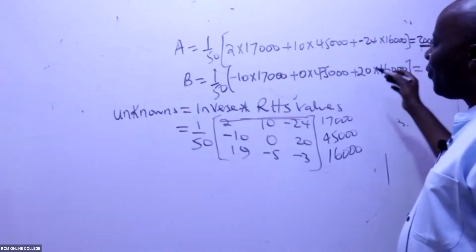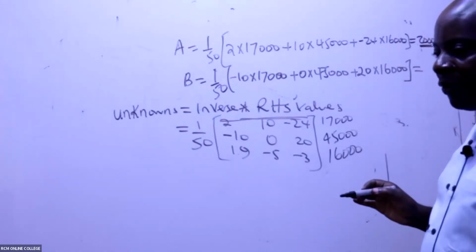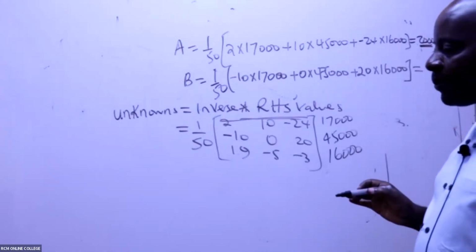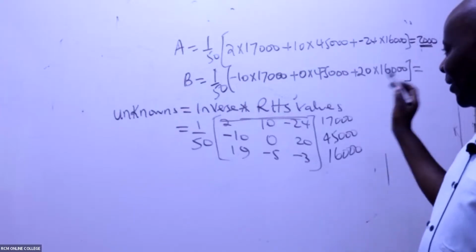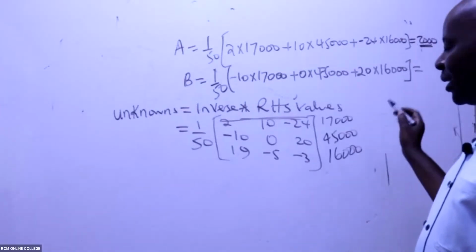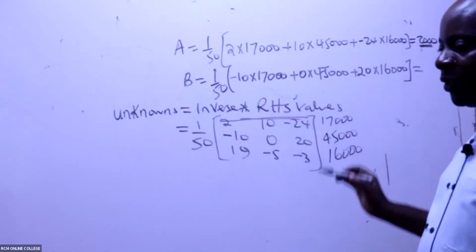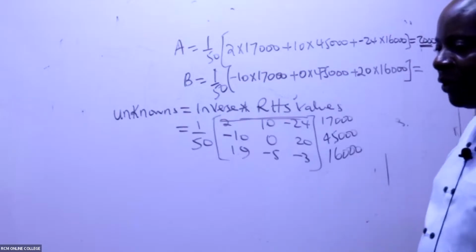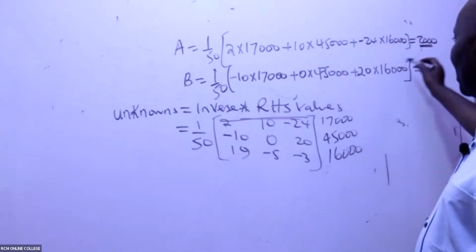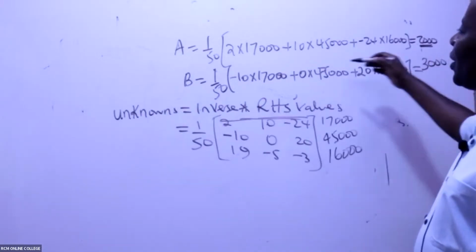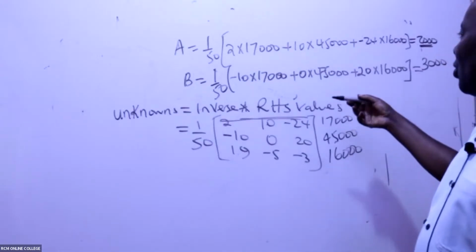First finish what we have in brackets: minus 10 times 17,000 plus 0, of course, plus 20 times 16,000 equals whatever you get, then divided by 50. The answer given is 3,000. Dividing by 50 is the same as saying times 1 over 50. Then now you go to C.